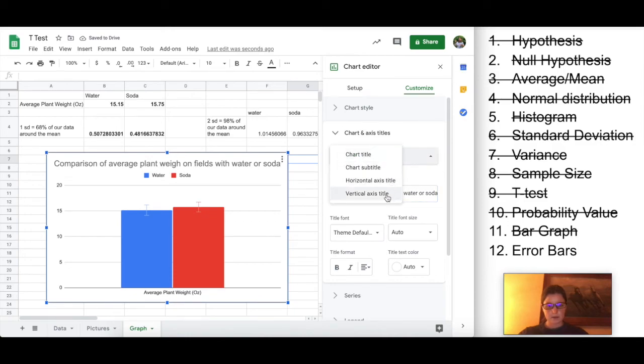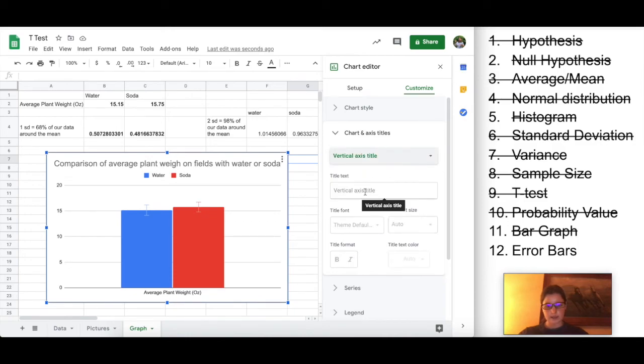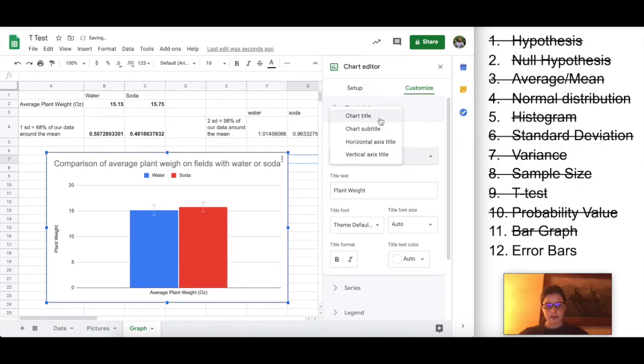I'm going to make my x-axis plant weights, and my y-axis water versus soda.